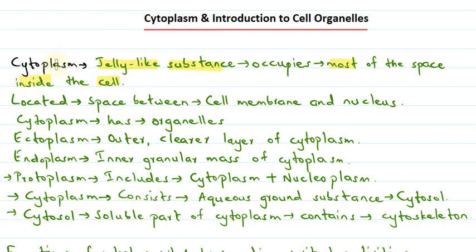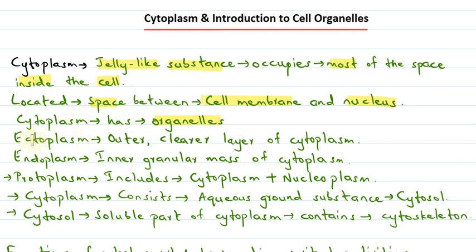It is located in the space between the cell membrane and the nucleus. Within the cytoplasm, the cell organelles are present. These are tiny structures that float in the cytoplasm.